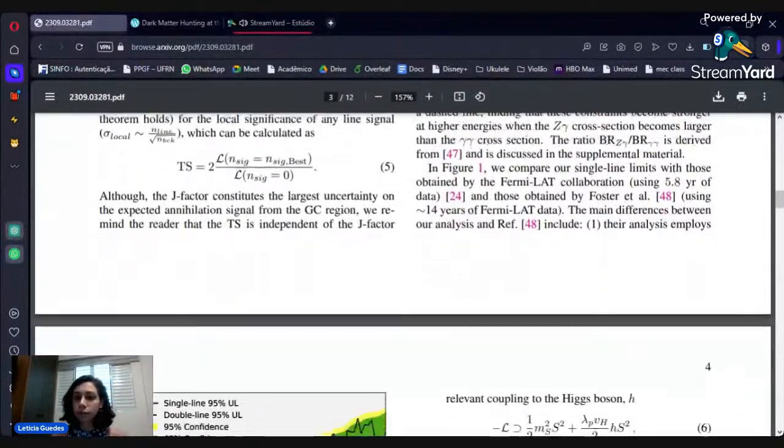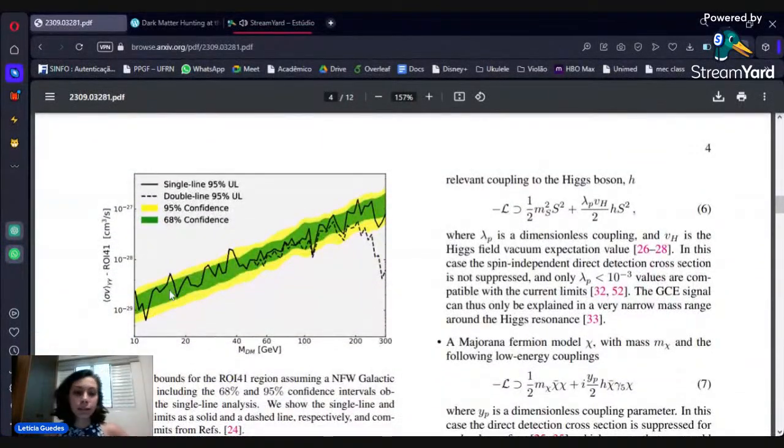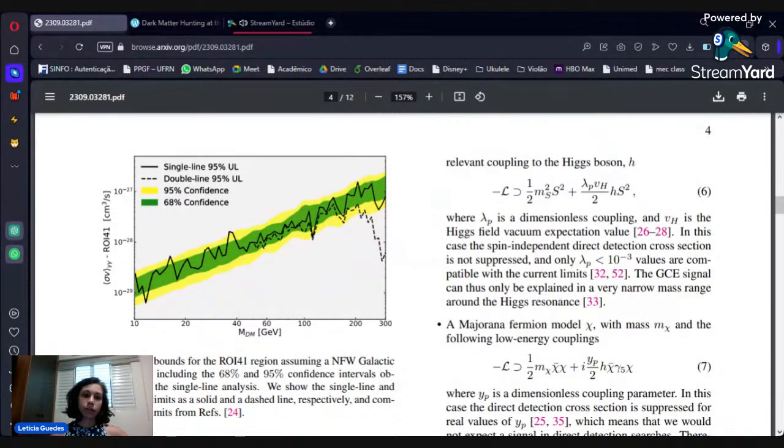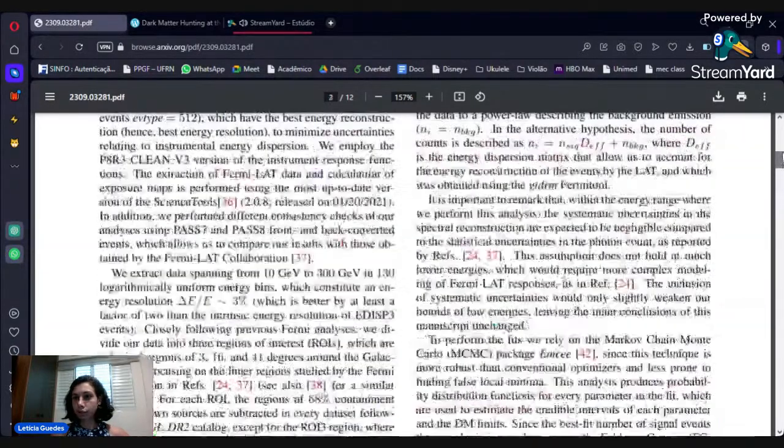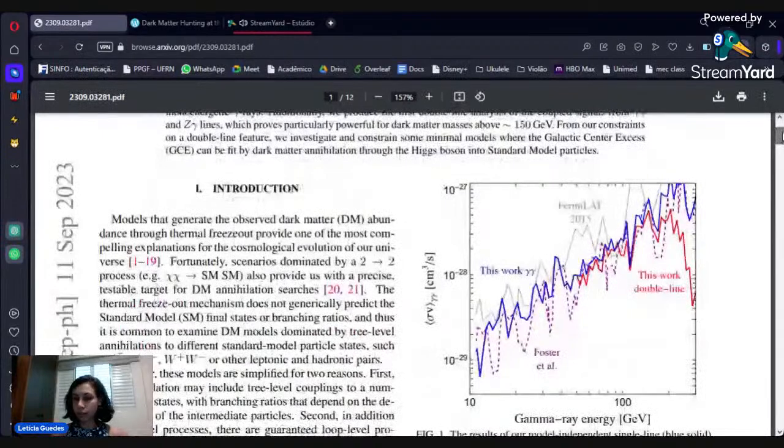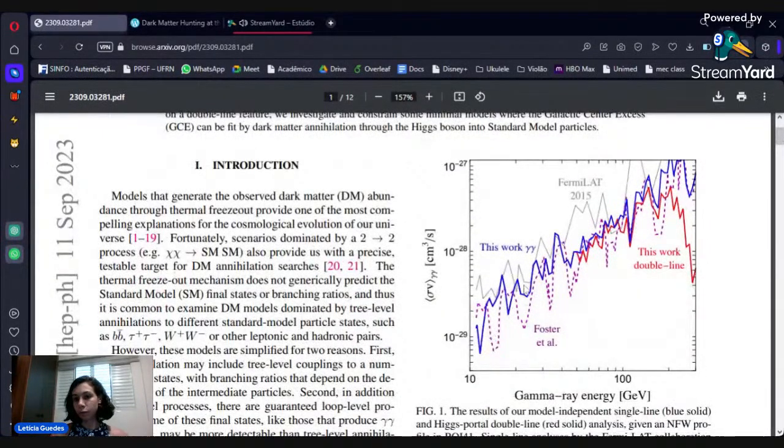Yeah, it's basically here. This is one of the graphs that we get. This is sigma v versus the mass of the dark matter. I will show the one in the beginning because it's more complete. But it's the same signal, this blue line here, and the red line. So this is comparing with the Fermi-LAT in 2015 and this Foster.